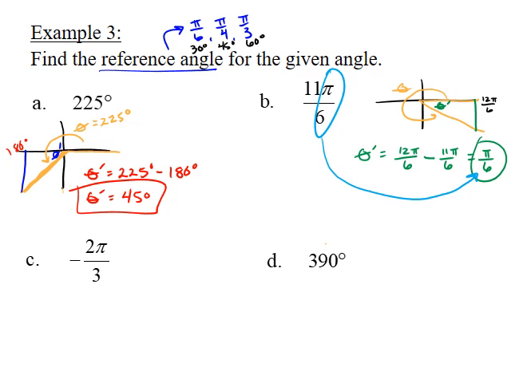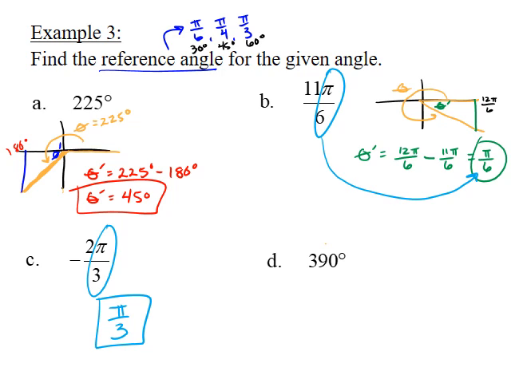For example, in part C, I can see that this is a multiple of pi over 3, so that means pi over 3 is my reference angle. The reason this is helpful is I might ask, what's cosine of negative 2 pi over 3? Well, it's going to be the very same thing as cosine of pi over 3. You just need to be careful of the quadrant.